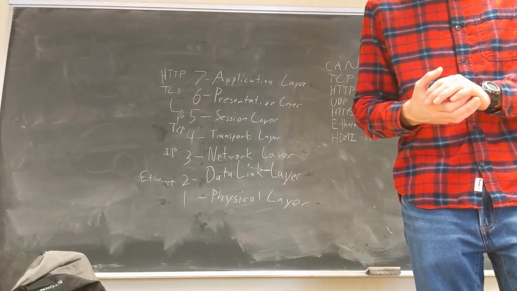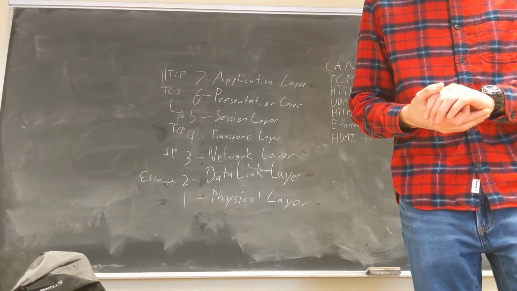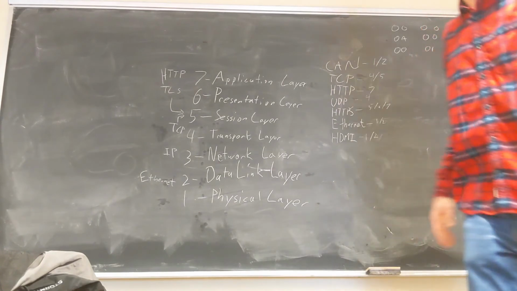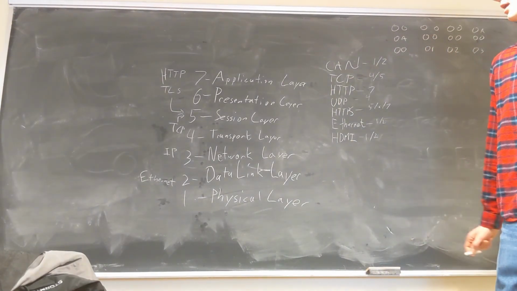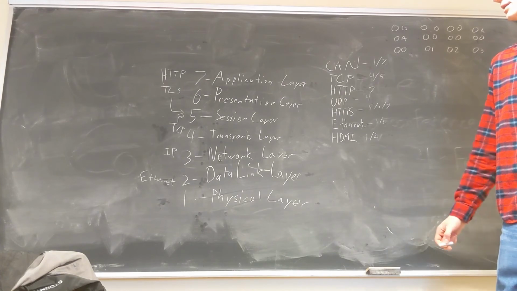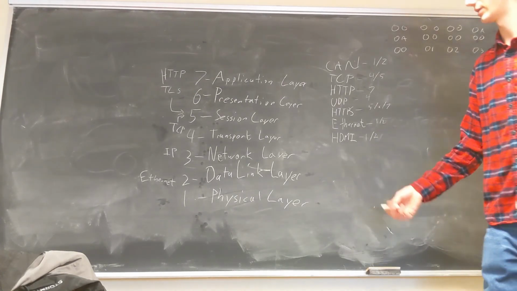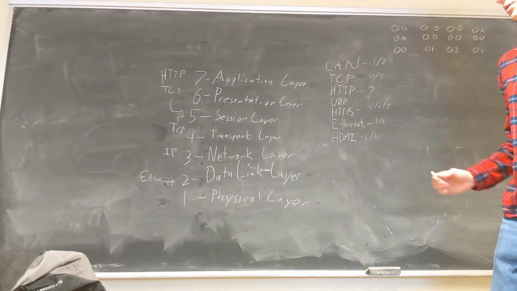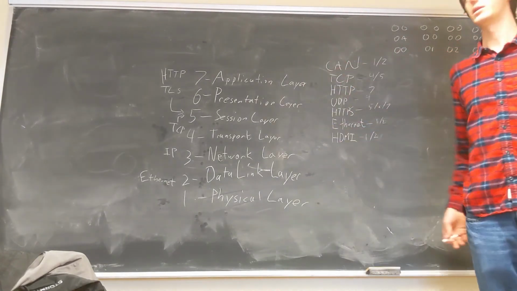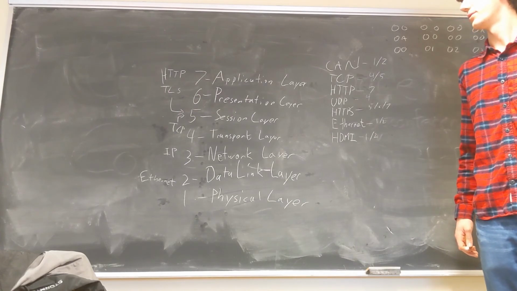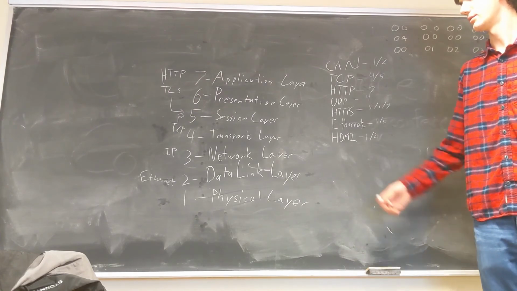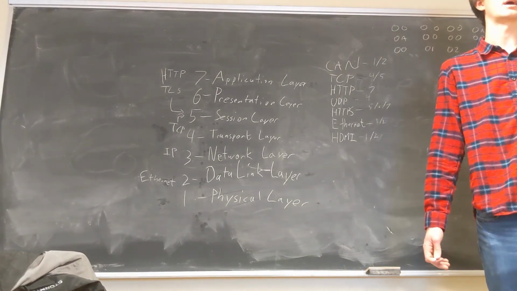And one more thing I wanted to fit in the discussion about the OSI model overall is addressing. In order to send data from one thing to another, especially when we're talking network layer and up where there's many possible recipients, basically everything needs to have a unique address, right?